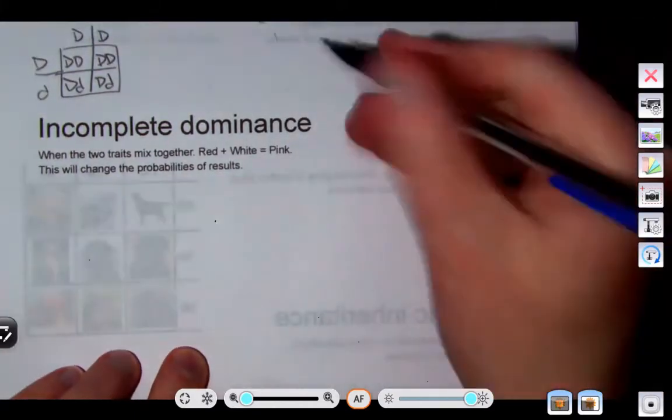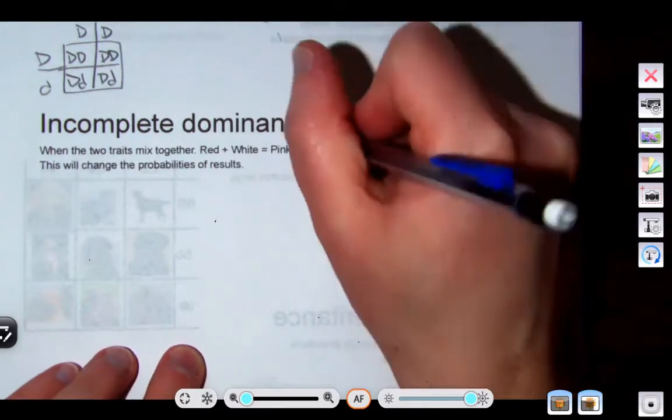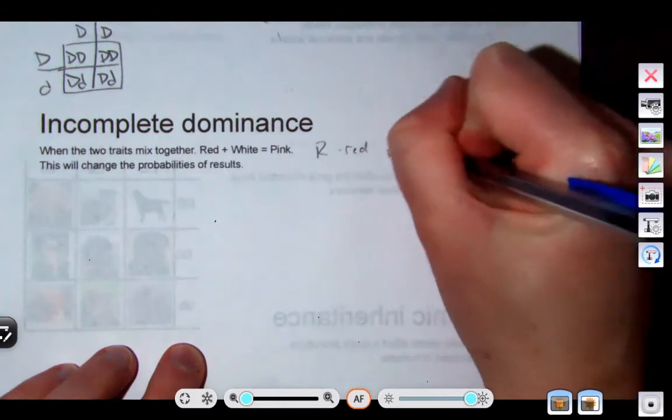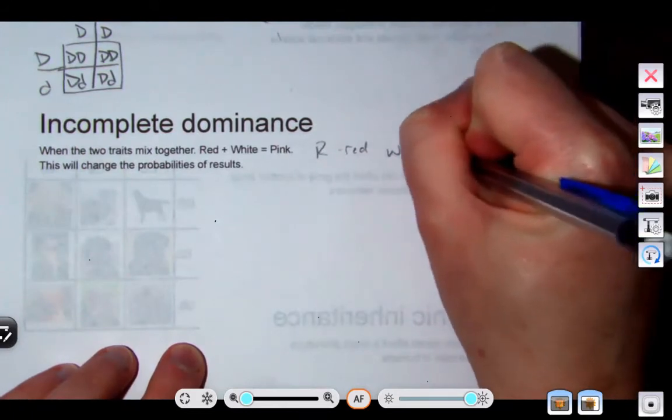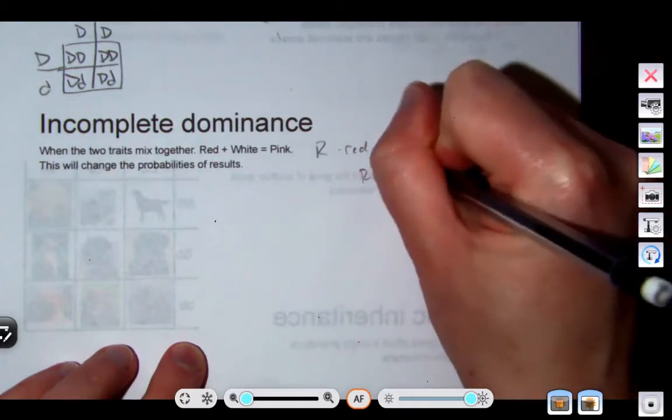Now, it's up to you how you want to solve these. I teach the freshmen both ways and tell them to pick one. You can do R for red and W for white, in which case RW makes pink. So WW and RR.